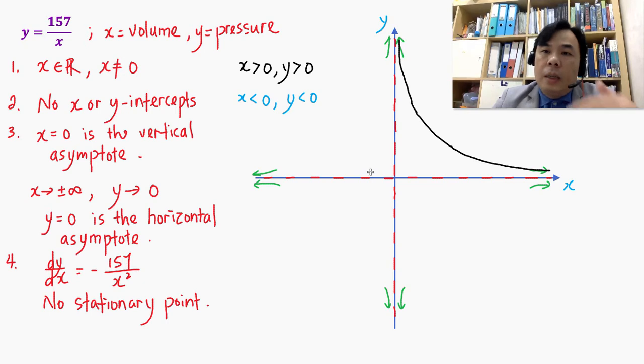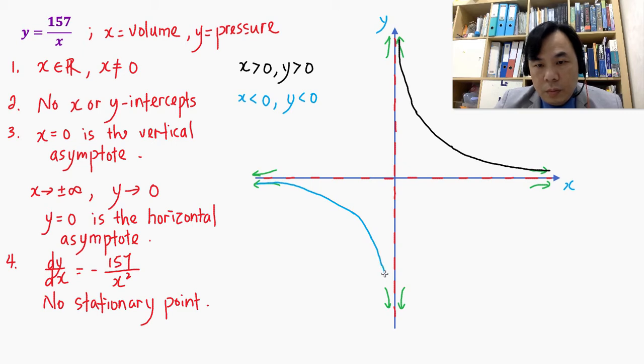Therefore, the graph will only appear in this quadrant here, so I'm going to draw that. And there you have it, that's the second part of the graph. The graph does not appear in any quadrant other than these two quadrants.